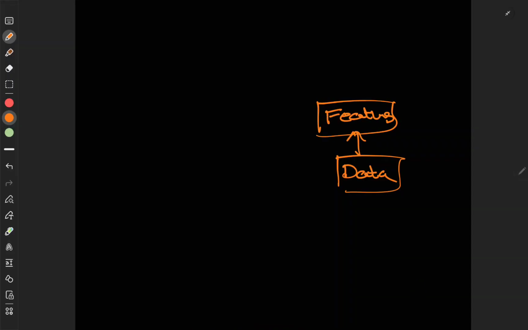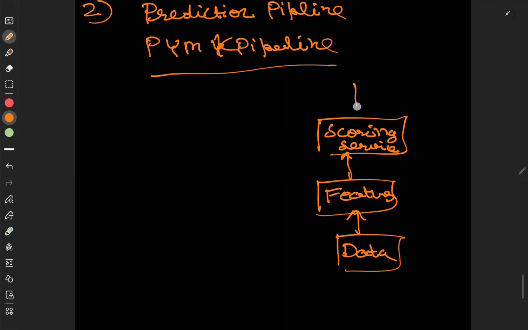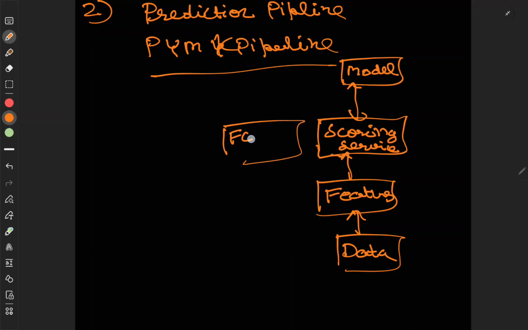Once converted into features, you have this scoring service. Now this scoring service uses my model. But for this scoring service, first I need to decrease the data. For that, I have this FOF service, which makes sure that the data is reduced to only 4 lakh.